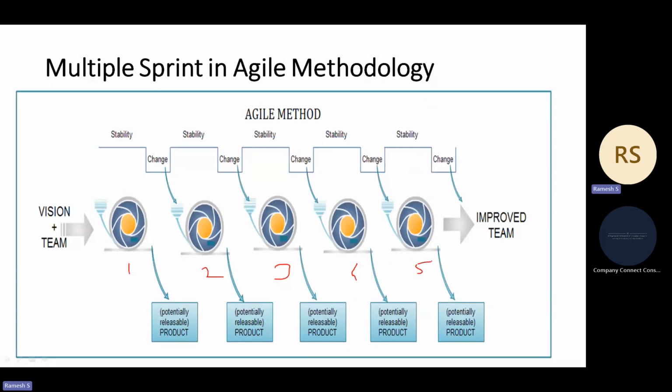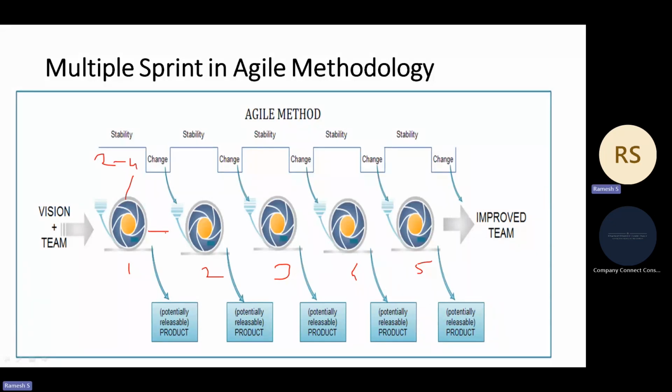Here you can see there are 5 sprints, and each sprint lasts for around 2 to 4 weeks. And after completion of the fourth week, the sprint will get automatically closed.